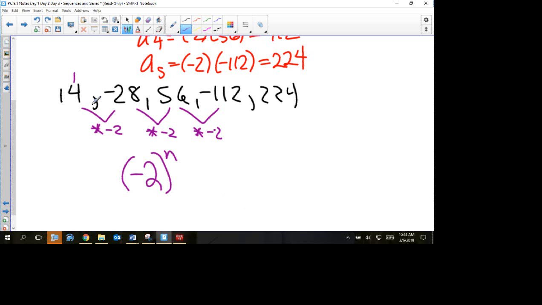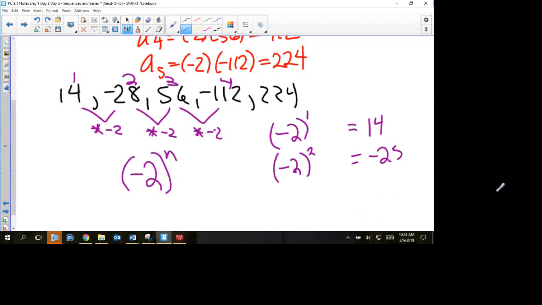And we have to figure out if that gives us the term or if we have to do something else to it. So if I do -2 to the first power, do I get 14? If I do -2 to the second power, which is 4, do I get -28? If I do -2 to the third, which is -8, do I get 56?